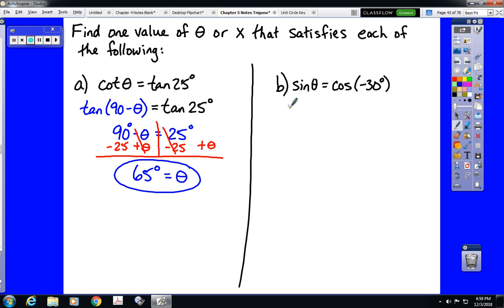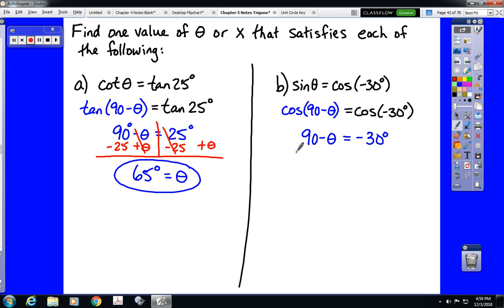So same thing on letter B. We're going to replace sine with its cofunction, cosine of 90 minus theta. That equals the cosine of negative 30 degrees. Because those both say cosine now, I can drop that and write this as 90 minus theta equals negative 30.